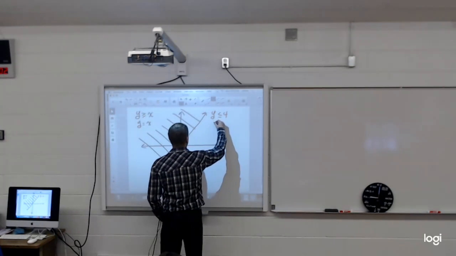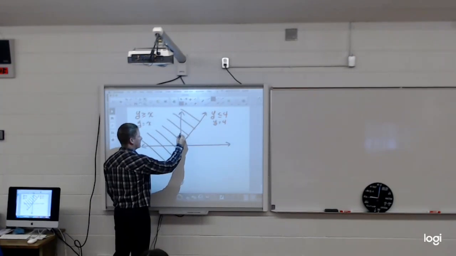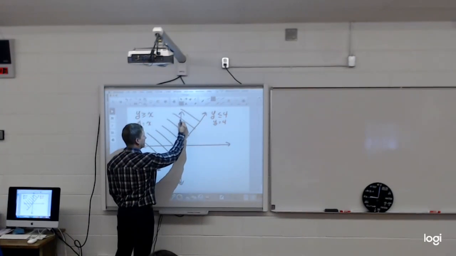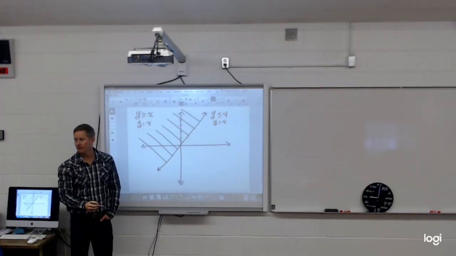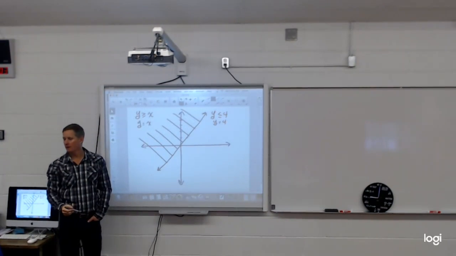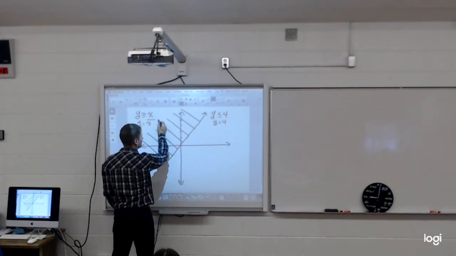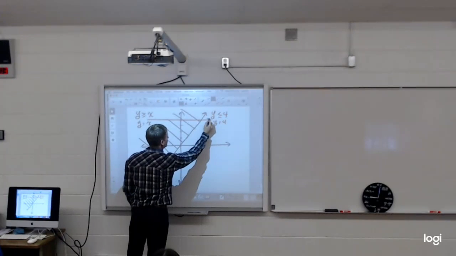If I change this equation, it should say y is equal to 4. So where does y equal 4? 1, 2, 3, 4, right there. Does it matter what x is if y is equal to 4? No. So again, solid or dotted? Solid, because of the equals to.